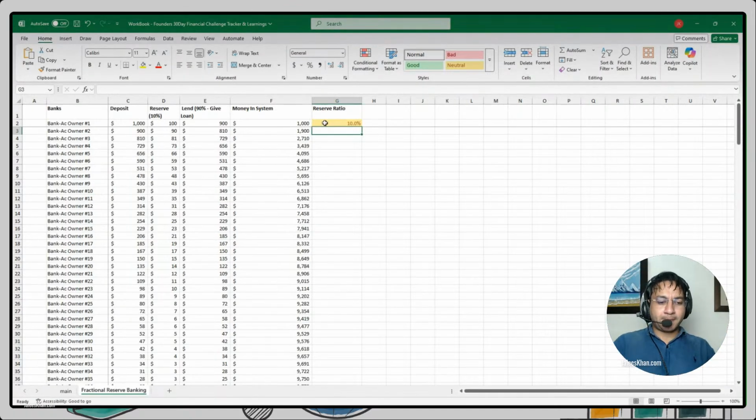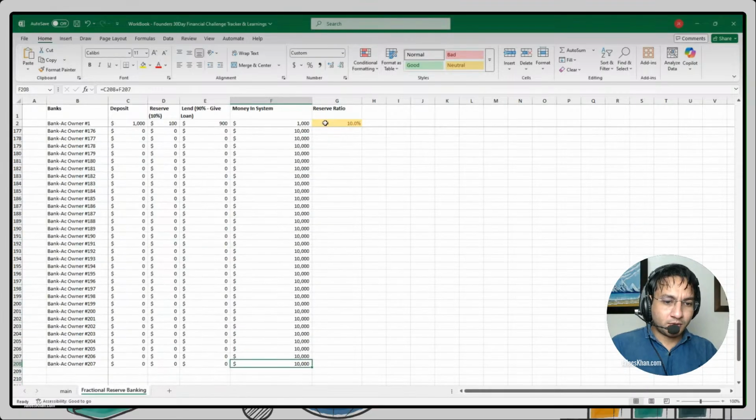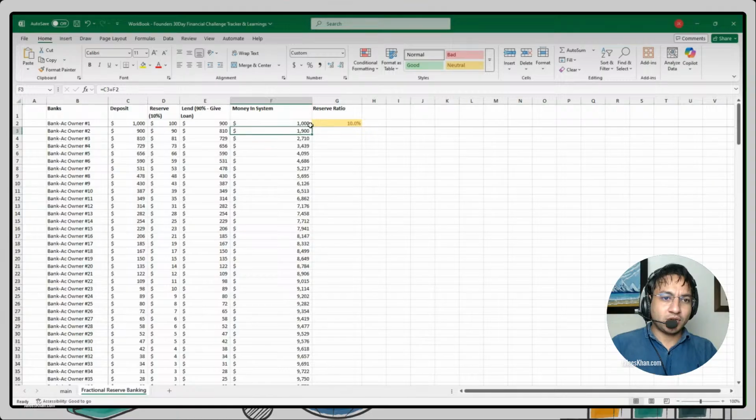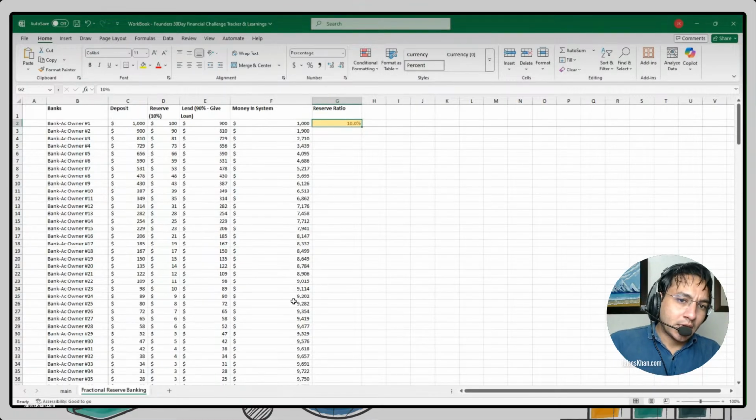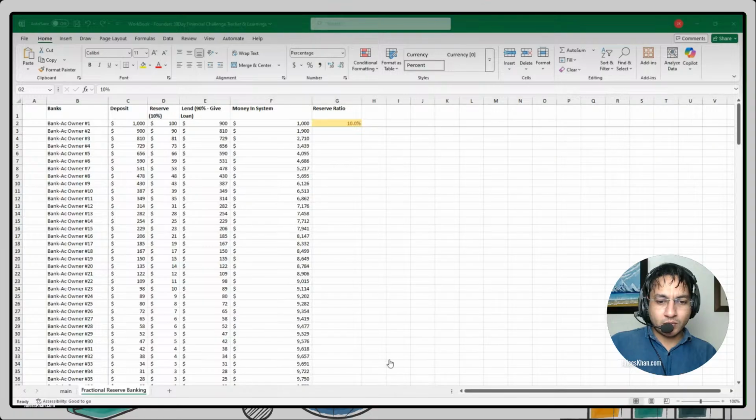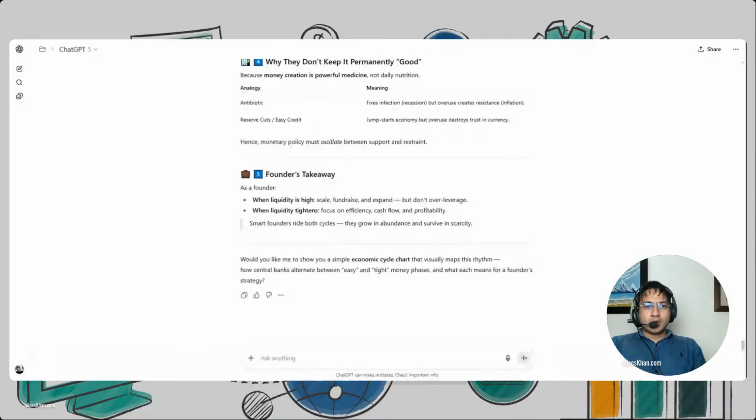And yes, we can see how much maximum money it can generate if we have that reserve ratio. If you don't know about it, you have to see previous videos. So we reached that point and now we have to move forward.